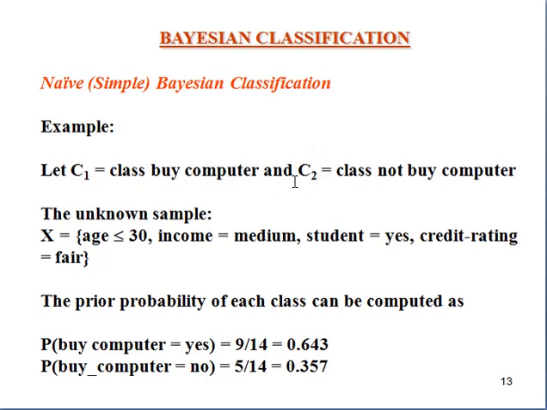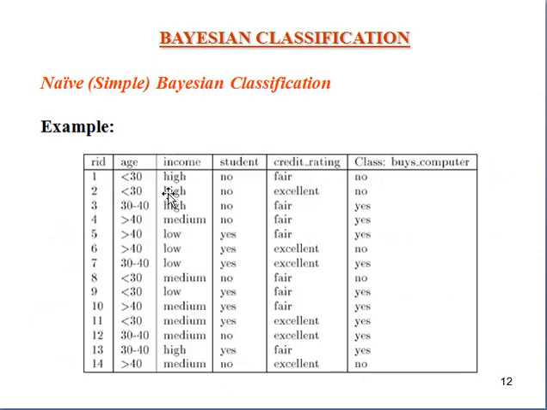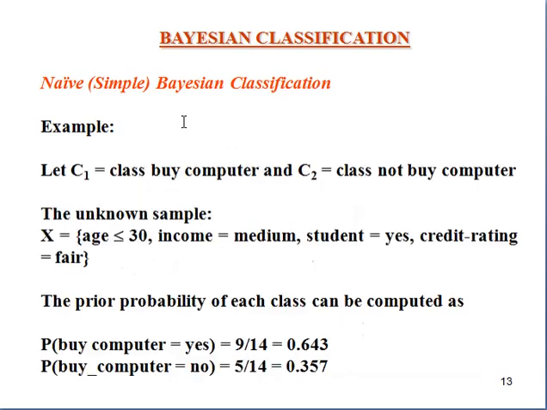Now let's consider an unknown data sample which we want to classify, and here are the attributes of that unknown data sample. You know that the attributes are age, income, student, and credit rating, and based on these four attributes we can classify the unknown sample to either class C1 or class C2, right?